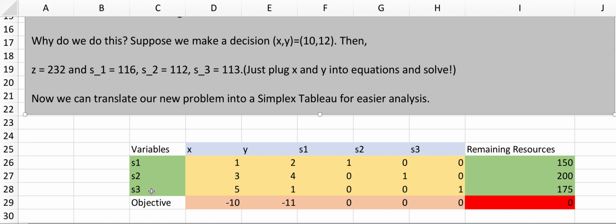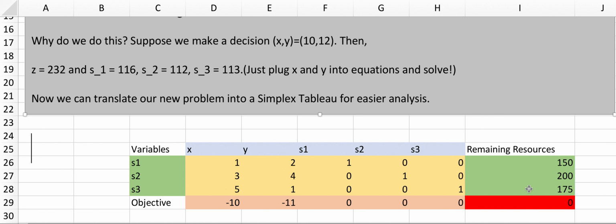So if we decide to make no products, what that means is S1 must be equal to 150, meaning we haven't used any of resource 1. S2 has to be 200, which means we haven't used any of resource 2. And S3 is equal to the 175 on the other side, which means we haven't used any of resource 3.